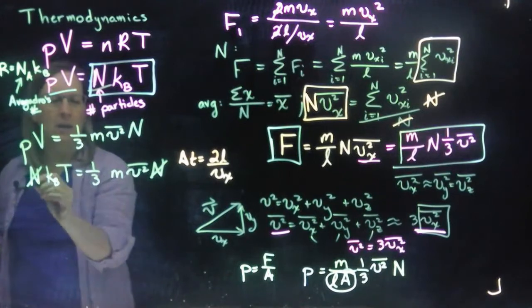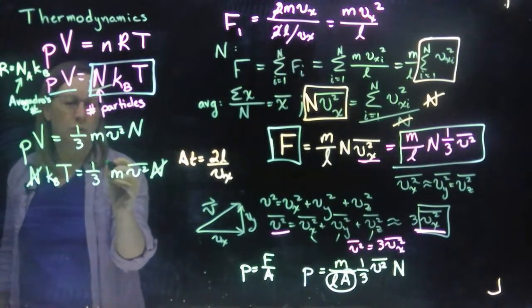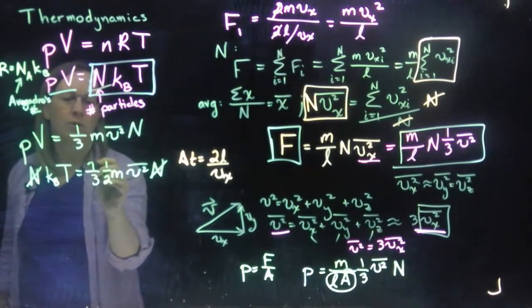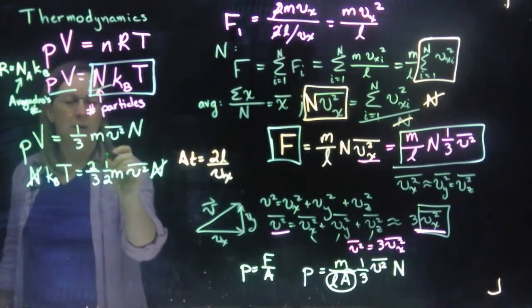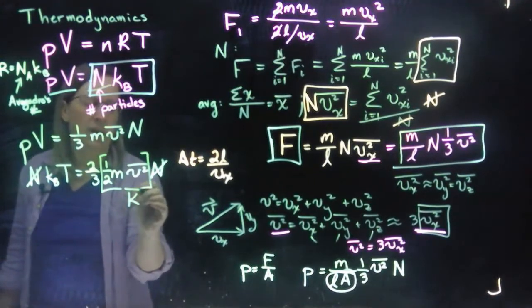The n's cancel. If I multiply by a 2 over 2, so I get a 1/2, and I put the 2 over here, this we can recognize as average kinetic energy.